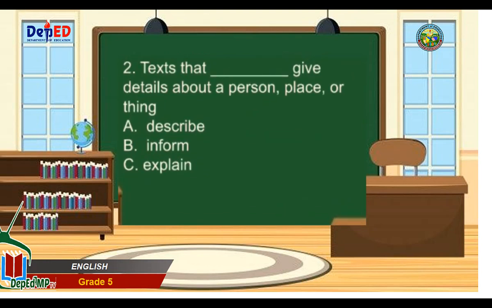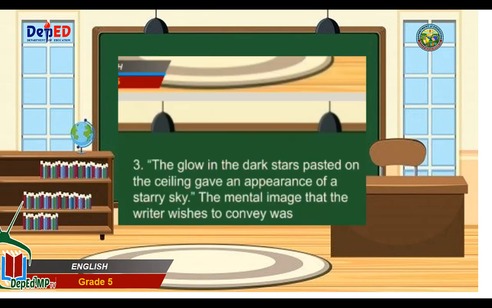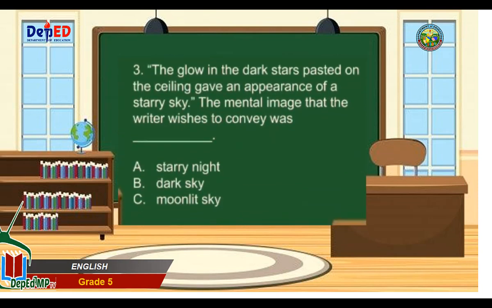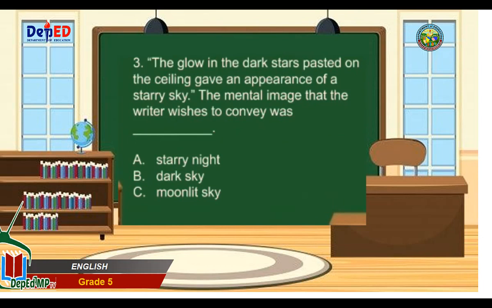Letter A, describe. Letter B, inform. And letter C, explain. Number 3. The glow in the dark stars pasted on the ceiling gave an appearance of a starry sky. The mental image that the writer wishes to convey was A. Starry night, B. Dark sky, and C. Moonlit sky.